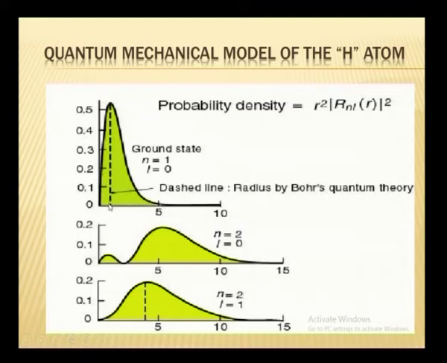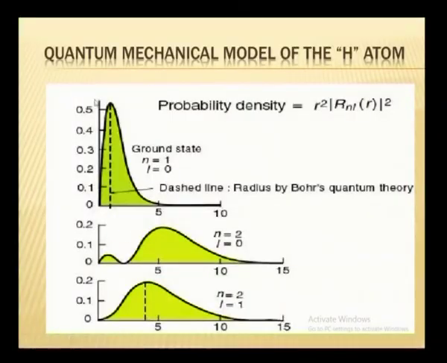According to the Bohr atom model, the electron is a particle revolving in a circular orbit having a radius 0.53 angstrom unit, and so the electron should be found here. But according to quantum mechanics, we plot a graph connecting psi star psi and r.